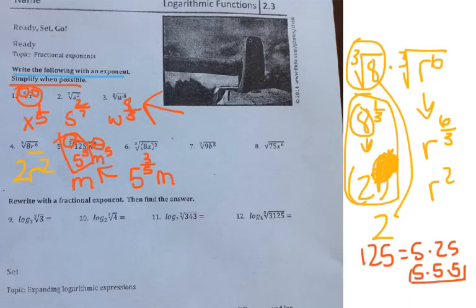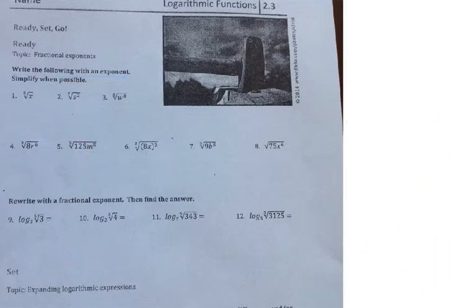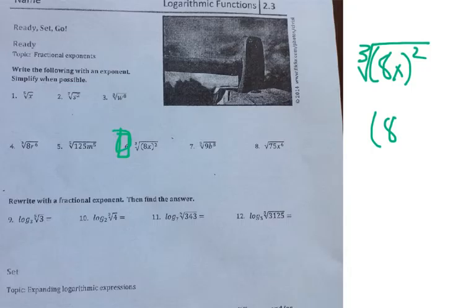So number 6, and let me clear some space. With this one, you've got the cube root of 8x squared. So it'd be like 8x to the 2/3. Now remember, an exponent rule says that I can apply those separately. 8 we already decided was 2 cubed.